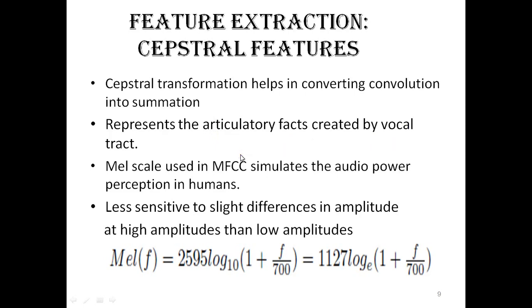So if we can somehow model the sample space of these Cepstral features, we can come up with a statistical model for the speaker. So we go ahead and extract these Mel frequency Cepstral coefficients.